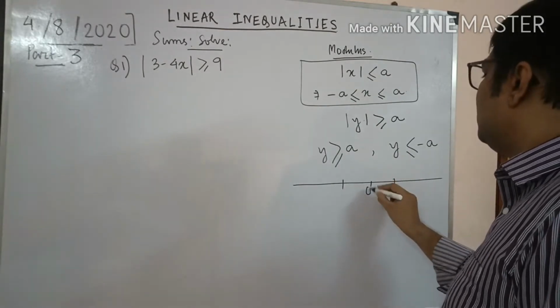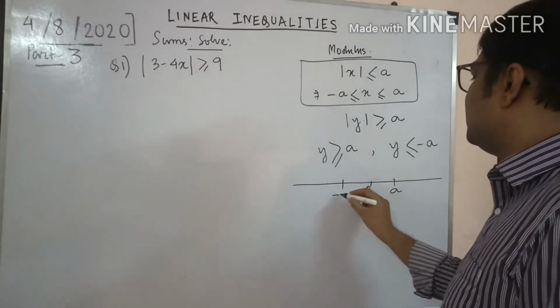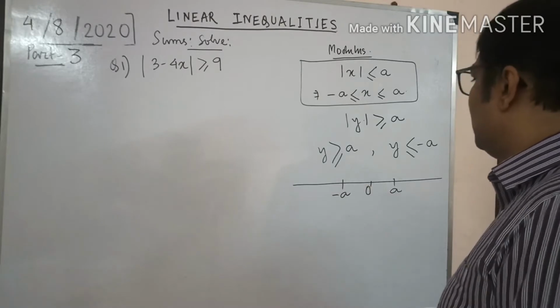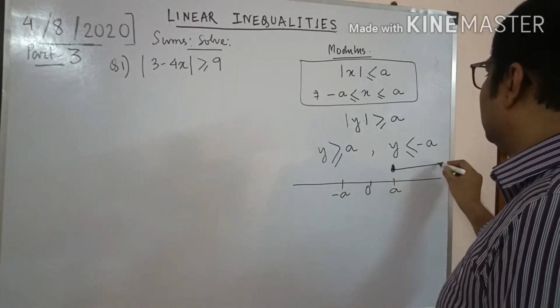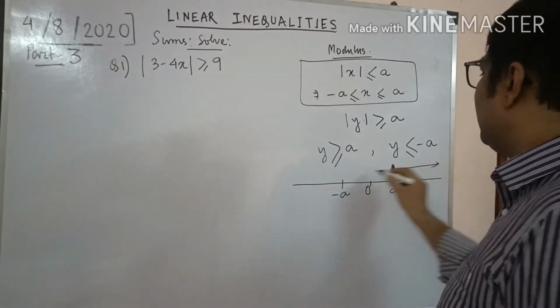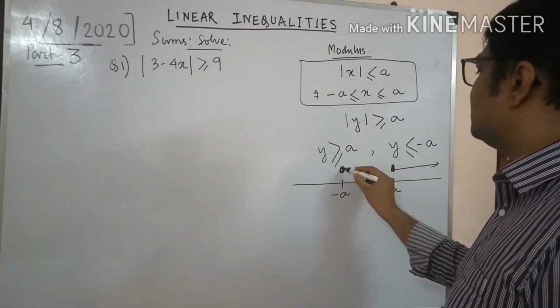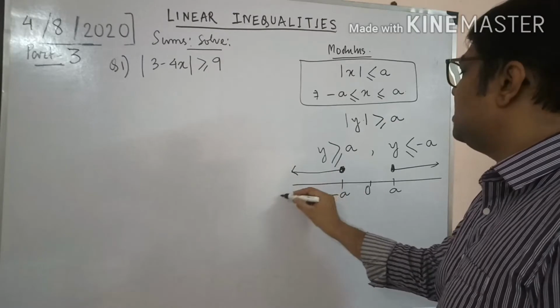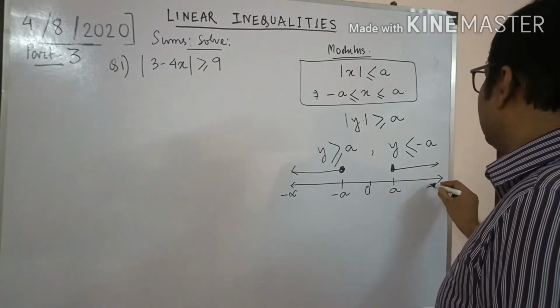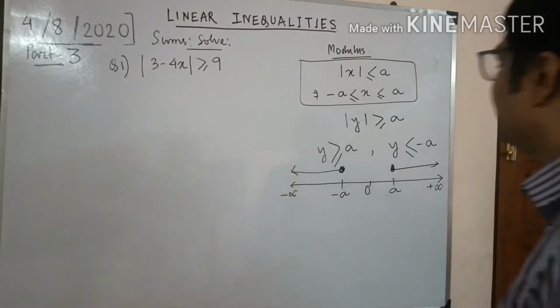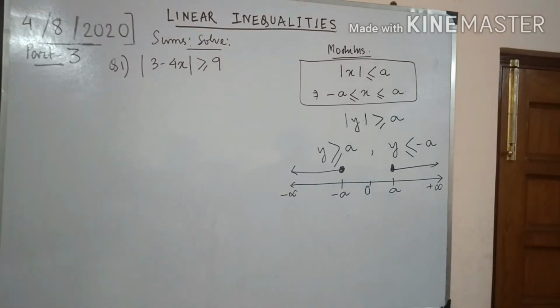If this is 0, this is a and this is minus a, y reserves the part greater than or equal to a, and it reserves this part also. This is minus infinity and this is plus infinity. So this is how it works.